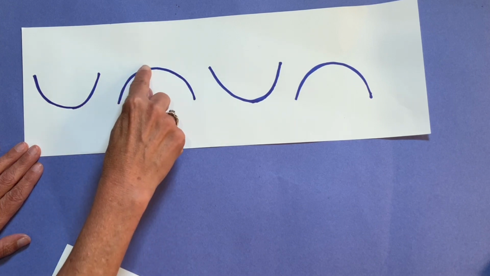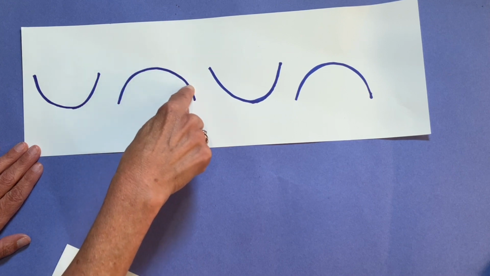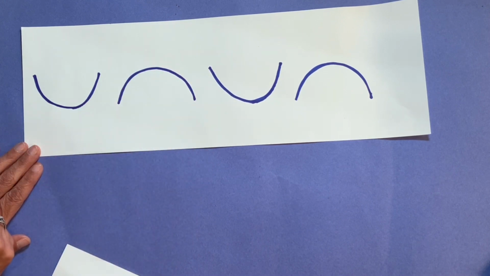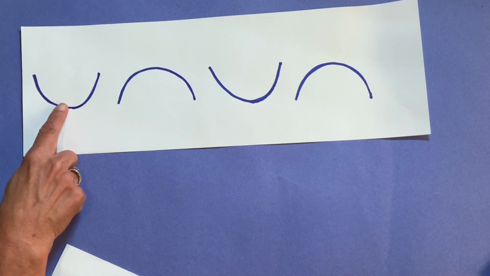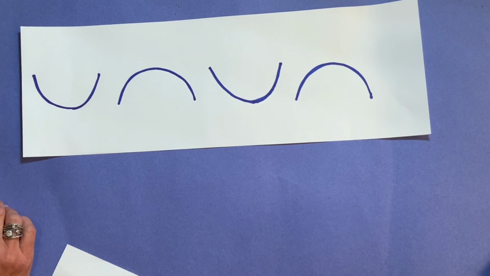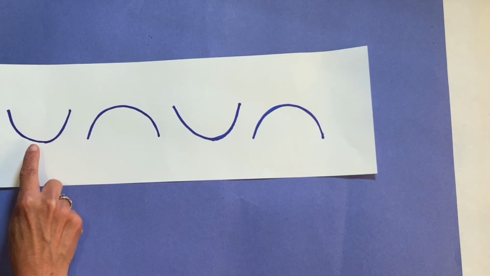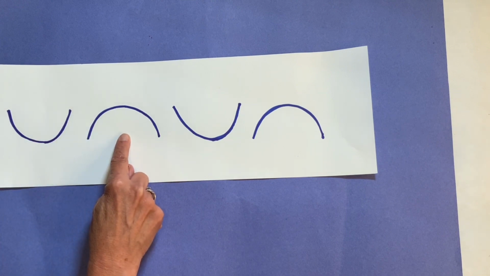Now let's do the rainbow one. Rainbows go up and over. Up and over. So let's say this pattern. We're going to need to know a pattern with smiles and rainbows. Say this pattern with me. If you want, you can clap it. Smile, rainbow. Say it with me.